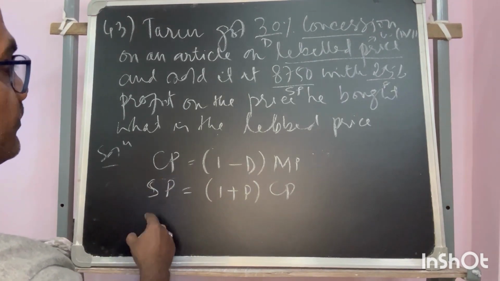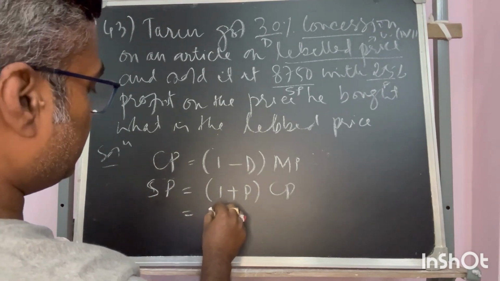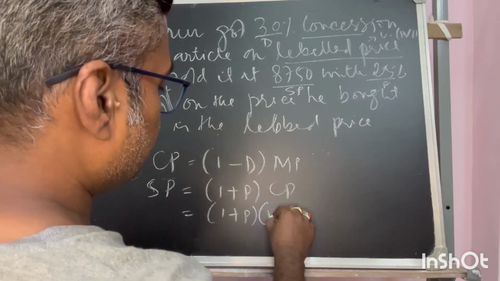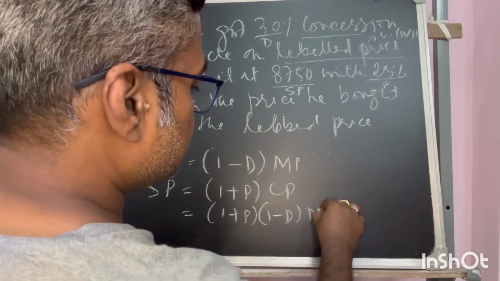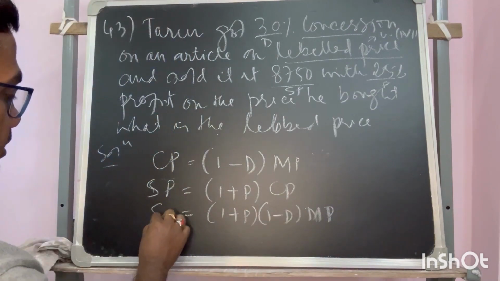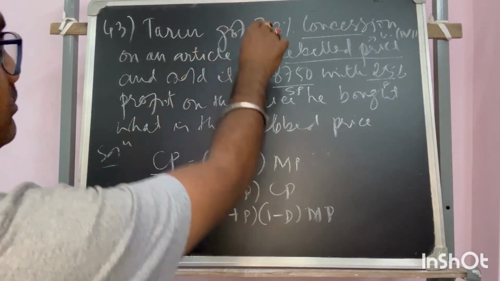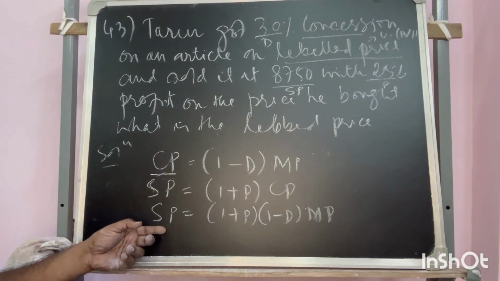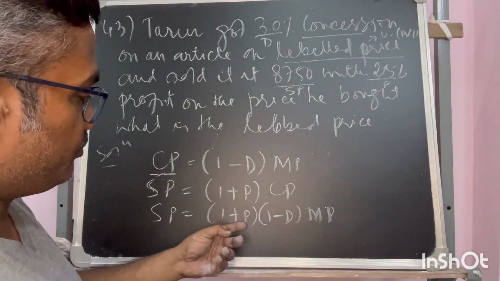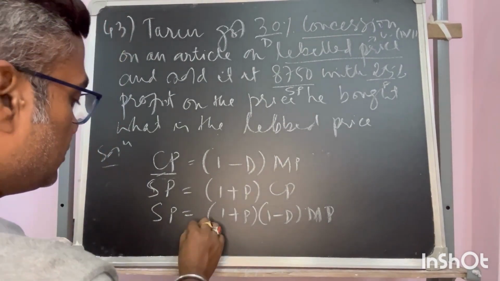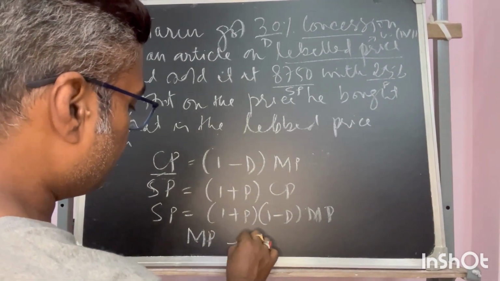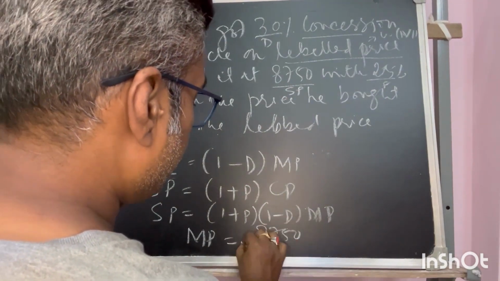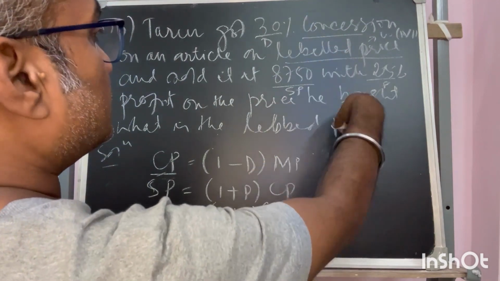Now the selling price is given. So now I will convert it into the form 1 plus P. Now the cost price, if it is written as a multiple of the market price, you see the cost price gets eliminated, because nothing is said about it. So in that equation I can represent the selling price, with discount, profit and market price, everything known. So the market price can be calculated: SP is 8750 and your profit is 25%.